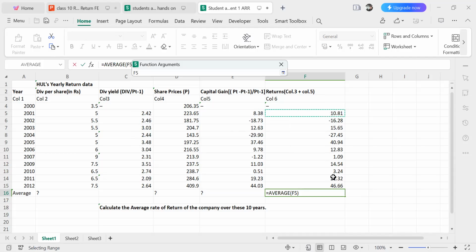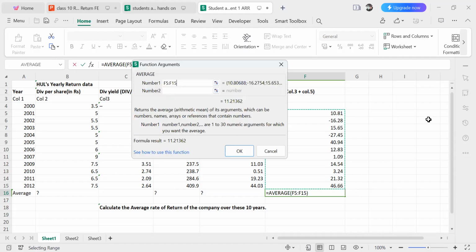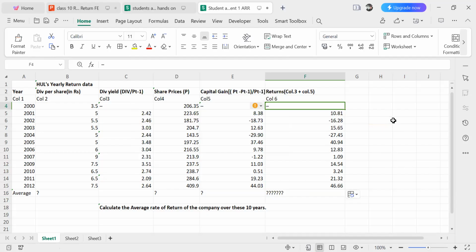Drag the number of variables. It will directly give you your answer. Here let us put a 0 here and then take the average function.